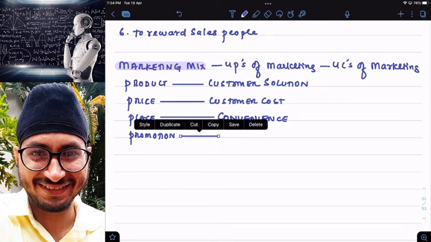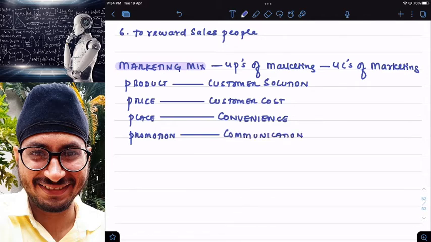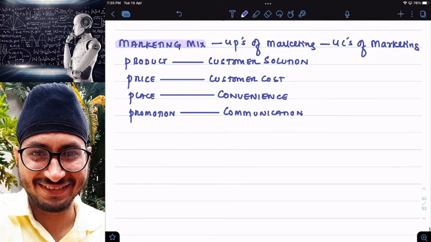Clear? Promotion is called as what? Is called as communication. Important for MCQs. Clear? So 4 P's are product, price, place, promotion. They are also called as 4 C's of marketing. What are those? Customer solution, customer cost, convenience, and communication. But what do we mean by this? Let us see one by one.